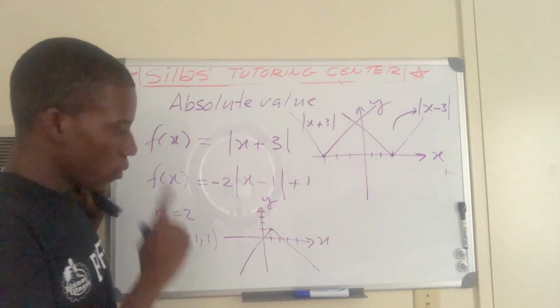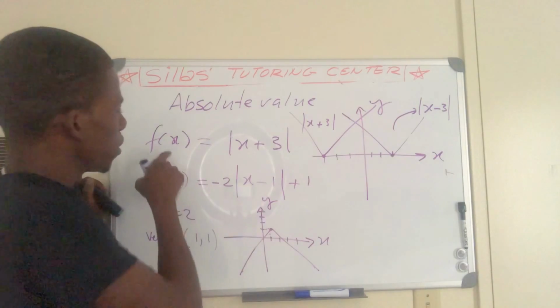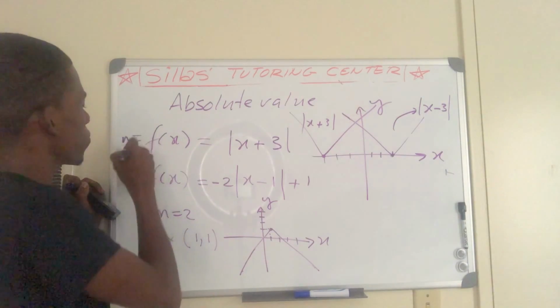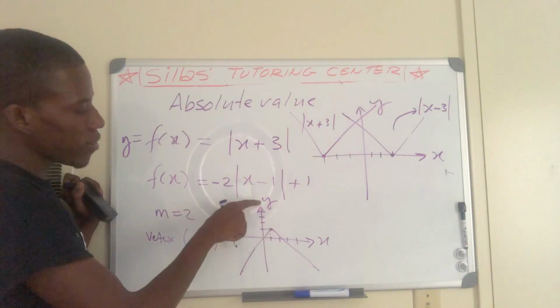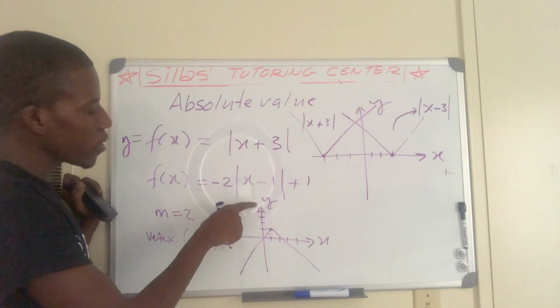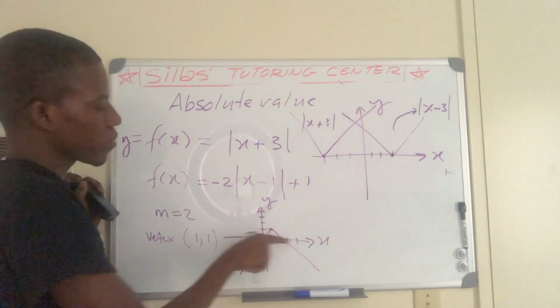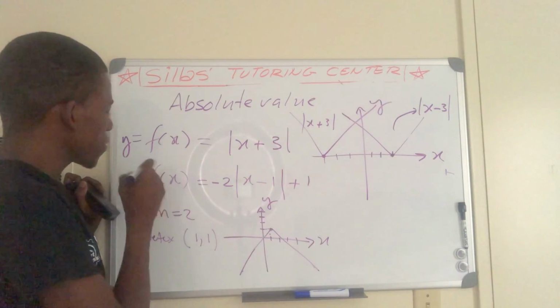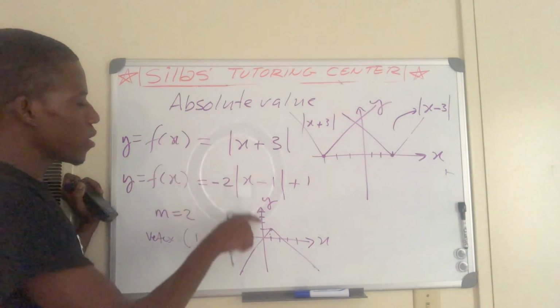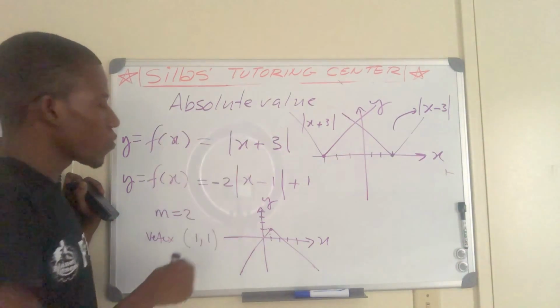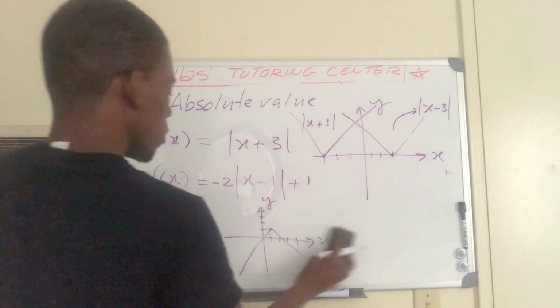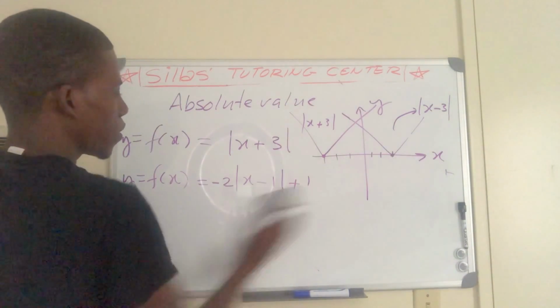So now, what happens when they give you a function, f of x meaning y? Anywhere you see a function of x in the xy coordinate system, x is the x-axis, and f of x is equal to y, which is the y-axis.